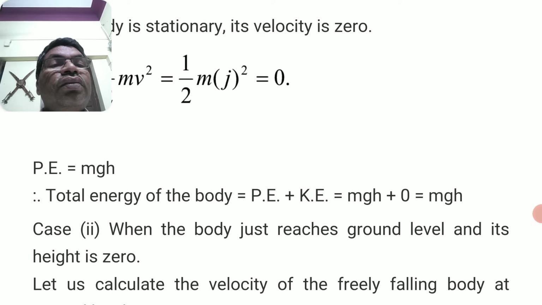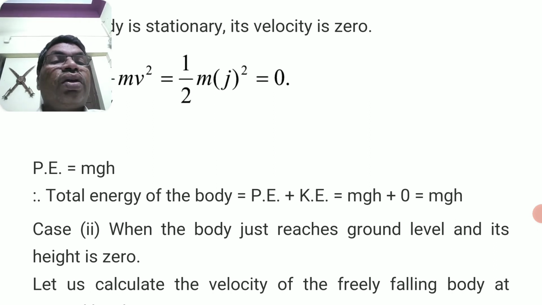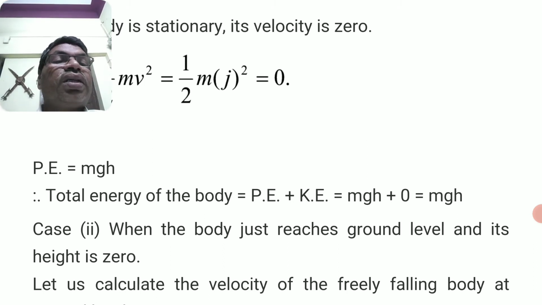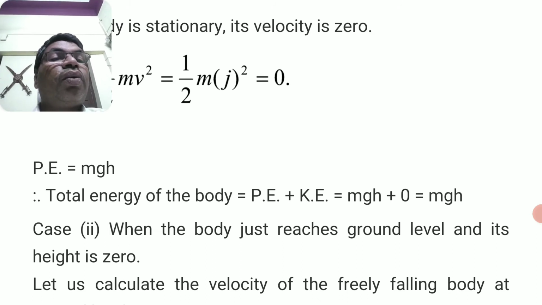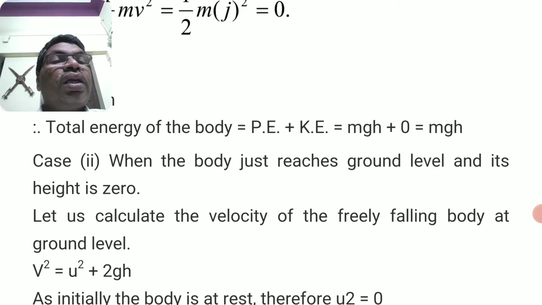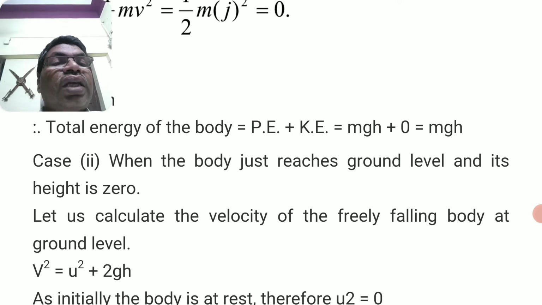Then the total energy of the body is potential energy plus kinetic energy, that is mgh plus 0. Only mgh is there for a body which is at rest at a certain height. In case 2, when the body just reaches ground level and its height is 0, let us calculate the velocity of the freely falling body at ground level.